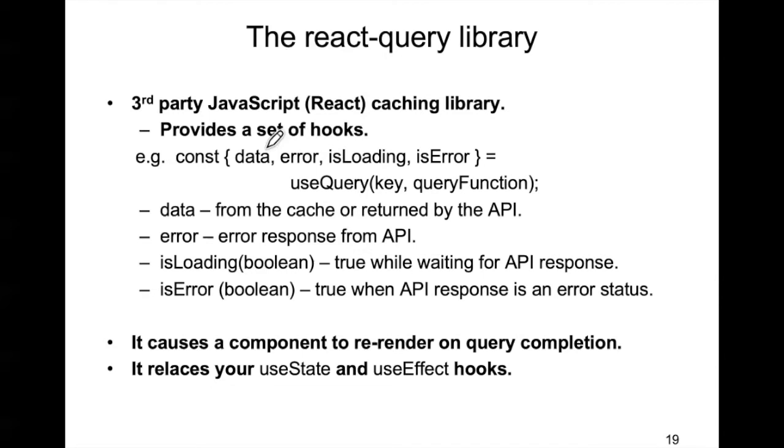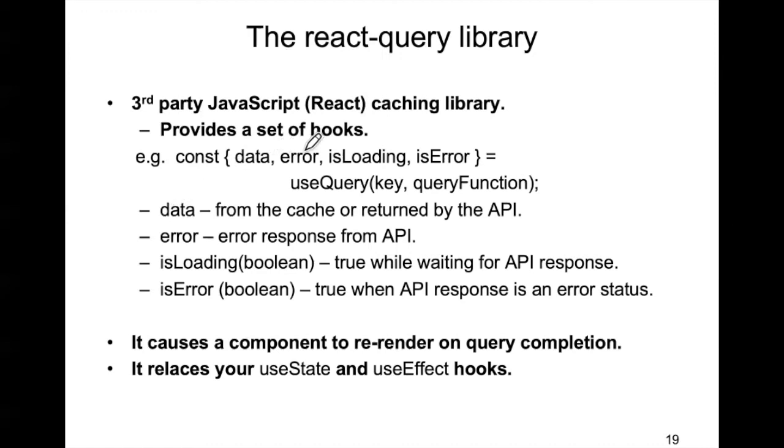Either there is a cache hit or there is a cache miss. So the data part of the object is obviously going to contain the data that we're looking for. So that will either be data that is currently in the cache, or it will be data that was eventually returned by the web API and put into the cache and then returned back to us.